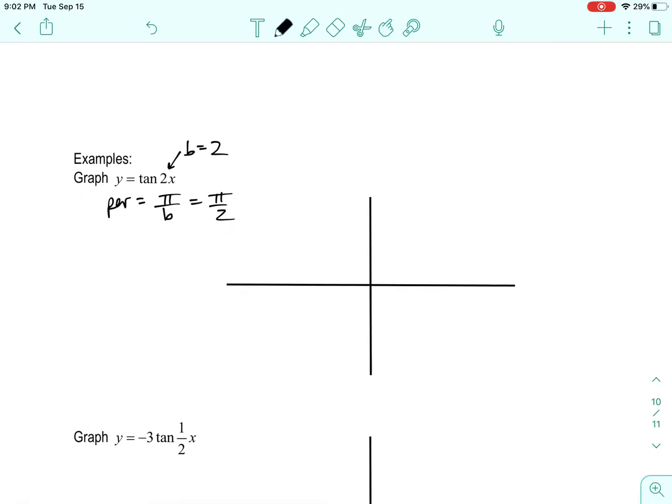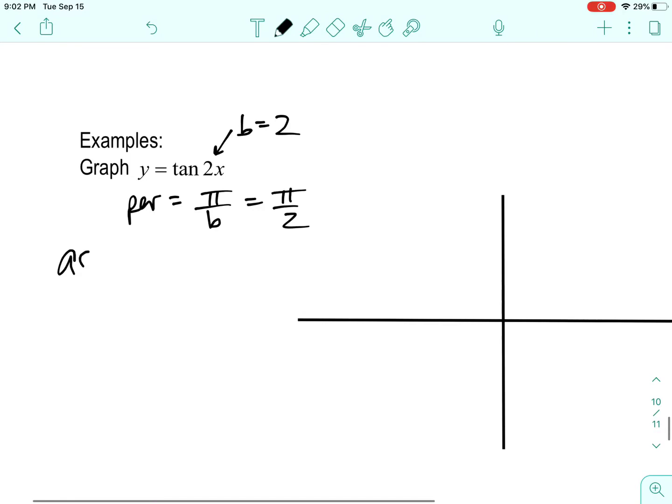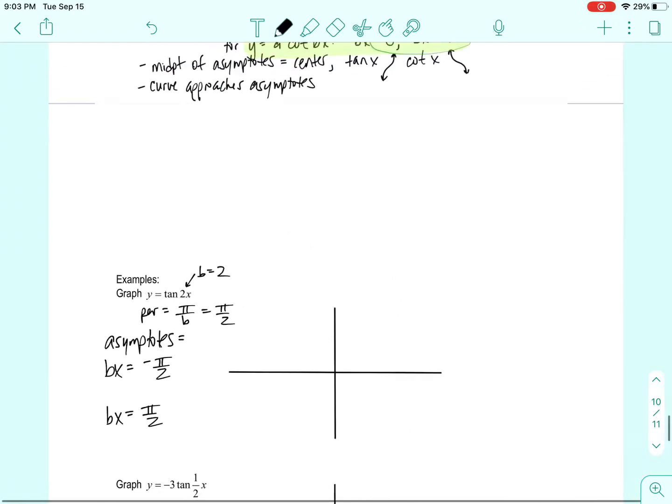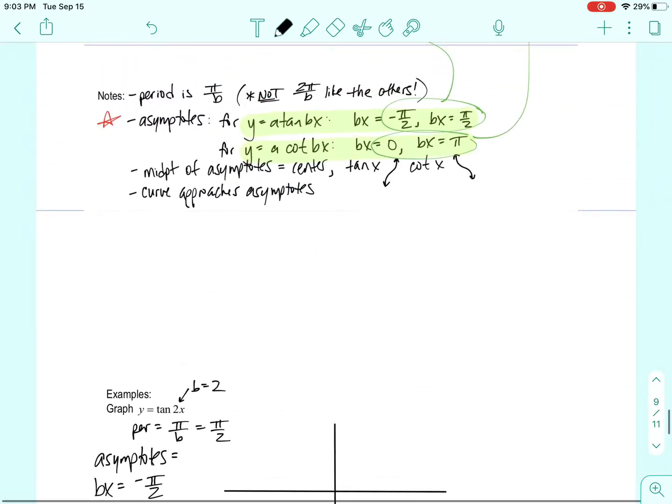Let's figure out actually what the asymptotes are. So I'm going to do bx equals negative pi over 2, and I'm going to do bx equals positive pi over 2. That is right from up here. Because this is a tangent graph that I'm looking at, these are the equations of the asymptotes that I'm using. And the reason it's negative pi over 2 and pi over 2 is because that's where the tangent is undefined.